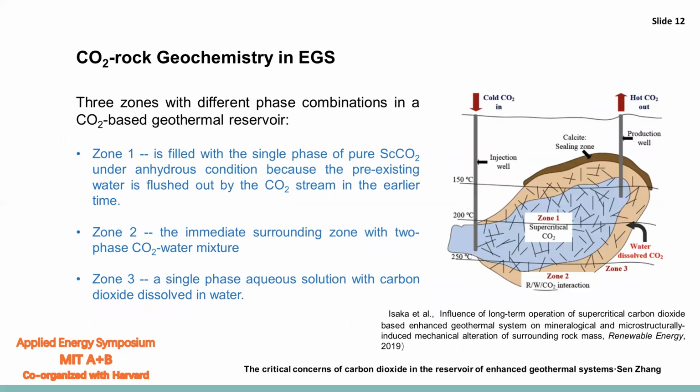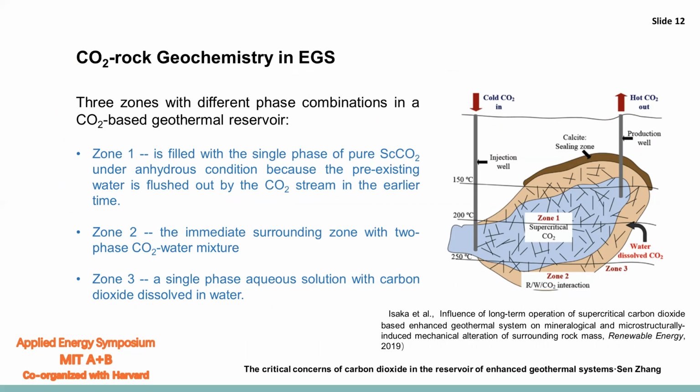And now we're going to talk about the geochemistry in the CO2 EGS. This figure shows that there are three zones in the CO2 EGS reservoir. In the very center is zone 1.